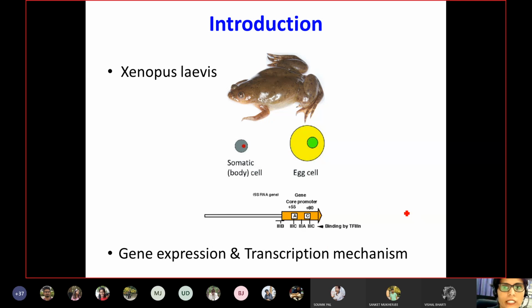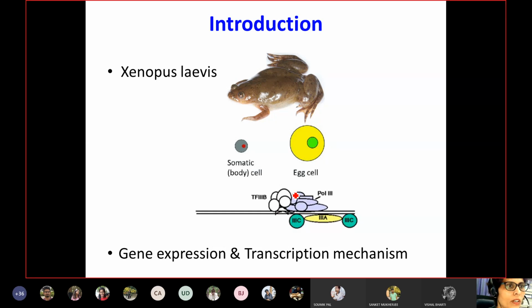It was seen that the 5S RNA gene from somatic cells and from egg cells were differentially regulated throughout the development of the frog. Therefore, this system provides a good system to study regulation of gene expression and basic transcription mechanism.